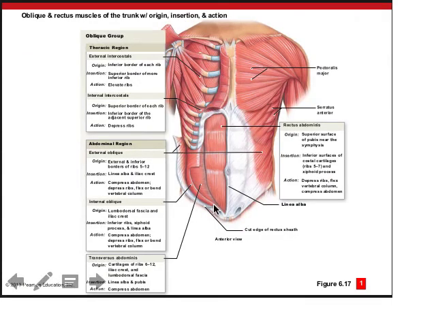Here we are again looking at the oblique and rectus muscles of the walls of the trunk as well as the muscles of the thoracic region. When we see the word oblique, remember that means the muscles run at an angle to the long body axis, so the fibers are kind of tilted.